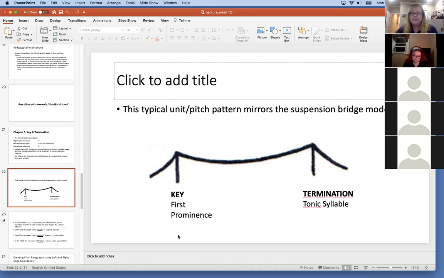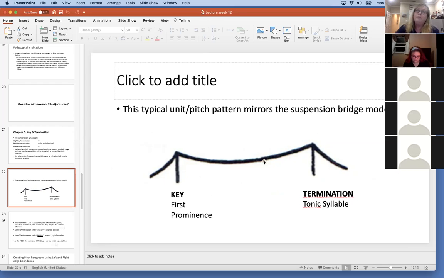If you don't have a suspension bridge, if you've only got one prominence in the whole unit, everything appears on the termination. That means that you'll have just one pitch range choice, one tonic syllable, one focused word. If you have multiple prominences, they'll appear between the key and the termination.